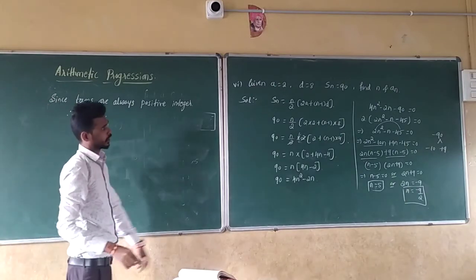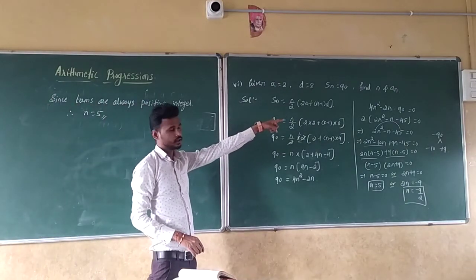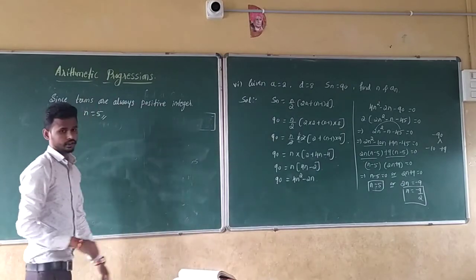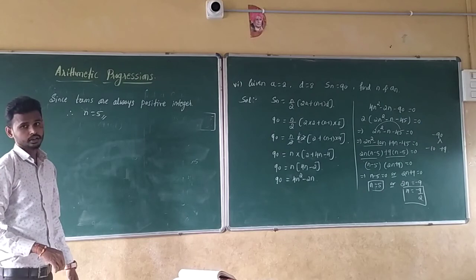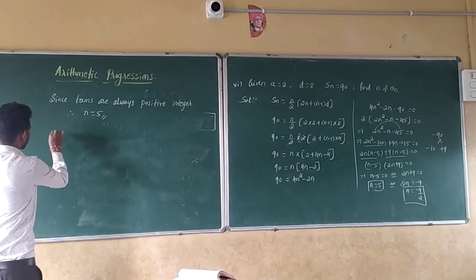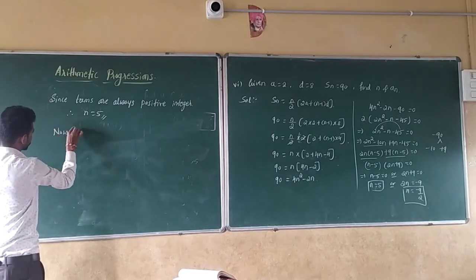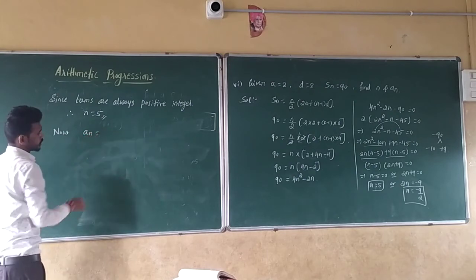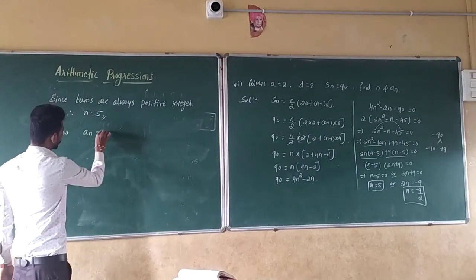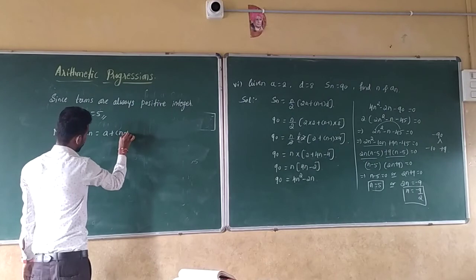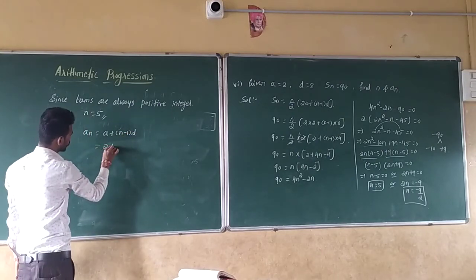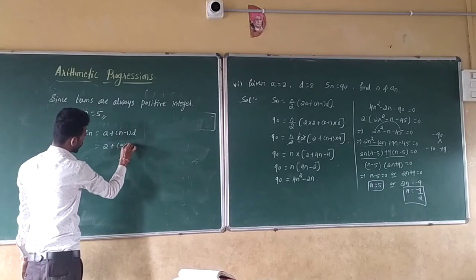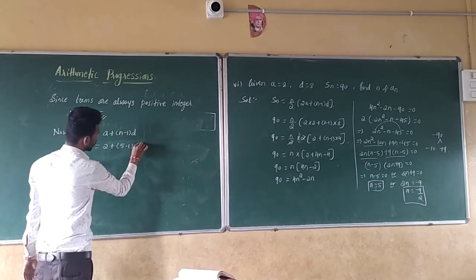Next, what do we need to find? an. So use that an formula. You will get that an value. Now an is equal to a plus n minus 1 into d. a, how much is given? 2 plus n, how much did you get? 5 minus 1 into d, how much is there? 8.